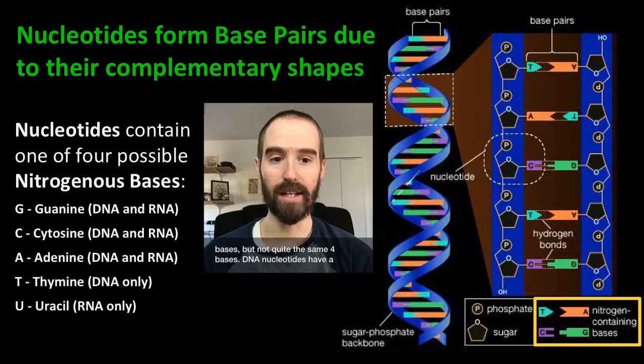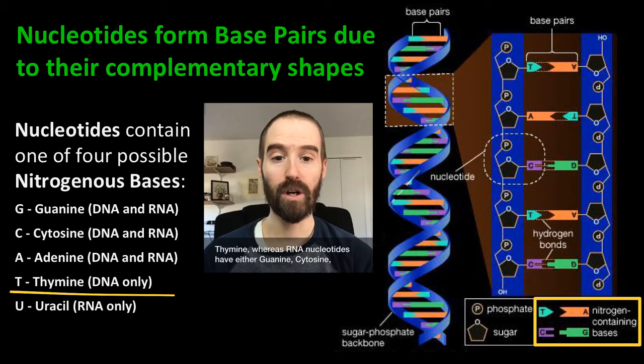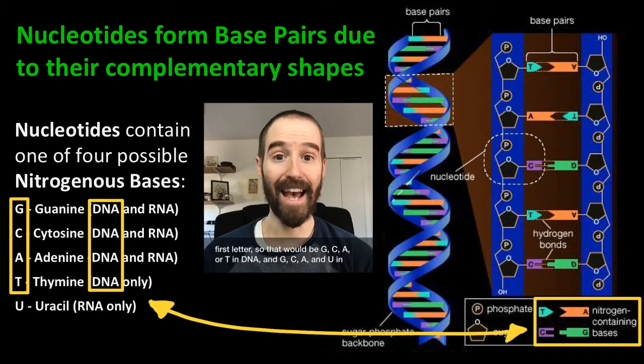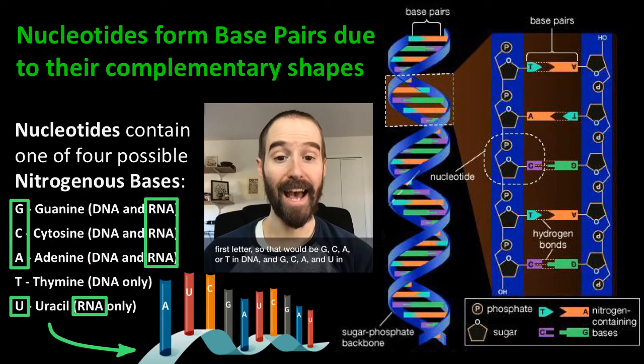DNA nucleotides have a nitrogenous base made of either guanine, cytosine, adenine, or thymine, whereas RNA nucleotides have either guanine, cytosine, adenine, or uracil. We typically abbreviate these bases with just their first letter, so that would be G, C, A, or T in DNA, and G, C, A, and U in RNA.